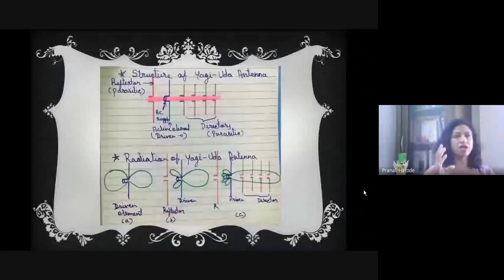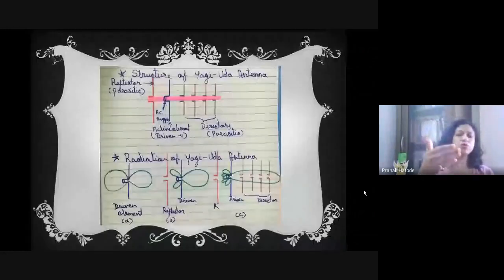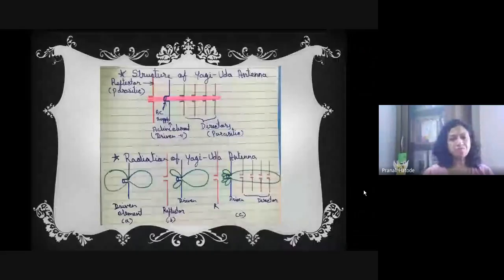If I visualize it in 3 dimensions, it will look like a donut. The front section of the donut will look like figure A. So a simple dipole gives an omnidirectional radiation pattern as shown in diagram A.